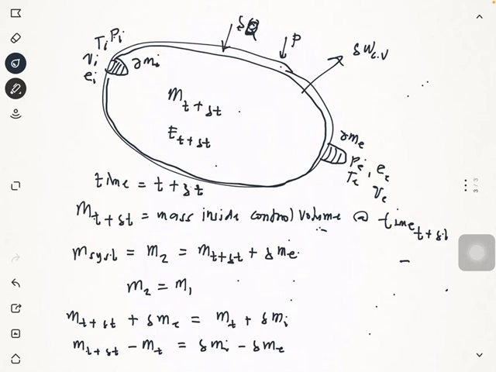Okay, so we will continue, and here we have mt plus an exact differential of t minus mi plus an exact differential of me minus an exact differential of mi.